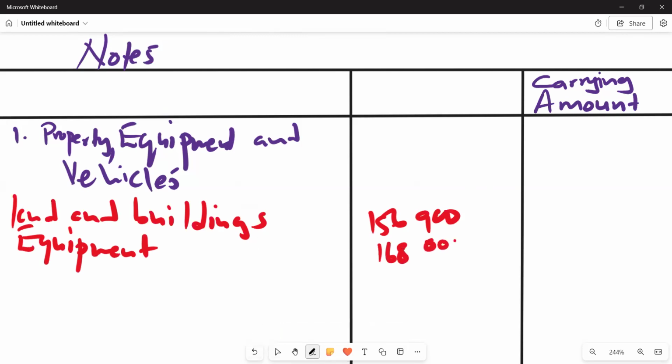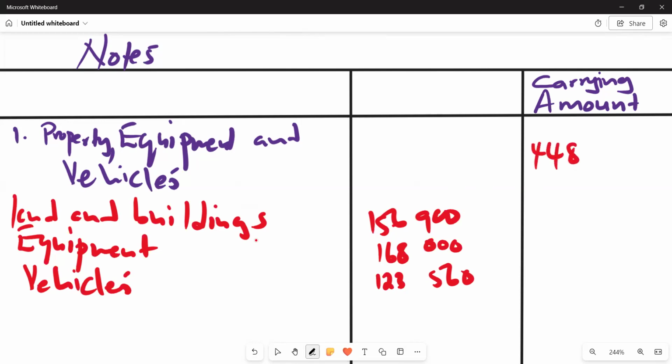Then after that, we have our vehicles with an amount of 123,560. These are all the fixed assets that we have in the question. Then we add them to get the total: 123,560 plus 168,000 plus 156,900. We get the total of 448,460. So this is the total for our property, equipment, and vehicles. This is the figure that is going to the balance sheet, and we are just going to make a reference of note 1.